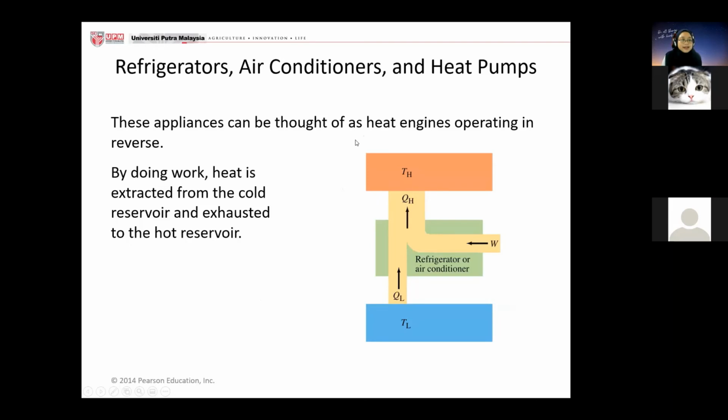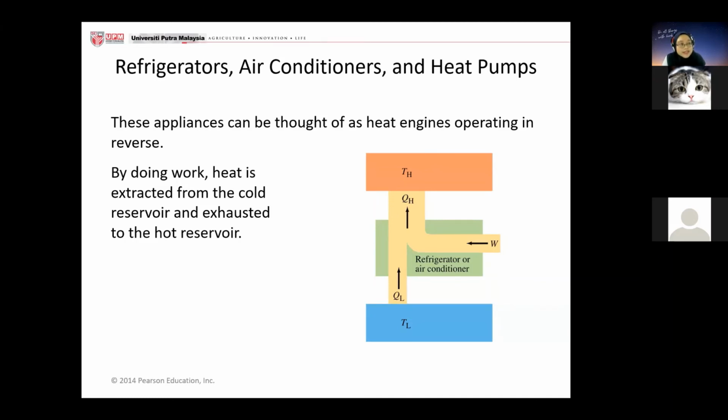If you link that, it's now about heat engines, but we also have things like the refrigerator, air conditioner, and heat pumps. Basically they can be thought of as heat engines as well, but operating in reverse because you are extracting the heat from something. Remember just now we talked about your water.